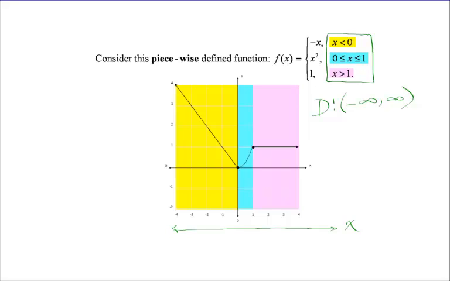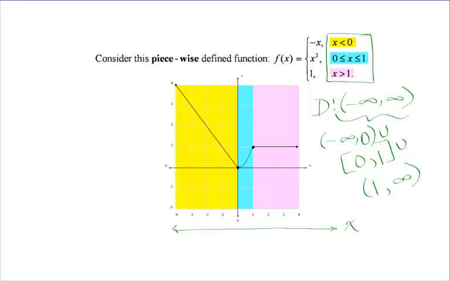It just so happens that I've taken the entire real number line and I've taken different pieces of it. From -infinity up to 0, not including 0. And the next piece is from 0, this piece includes 0, up to 1, including 1. And the next piece is everything from 1 to +infinity.